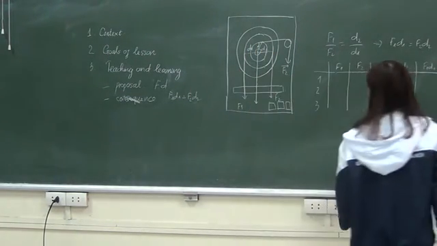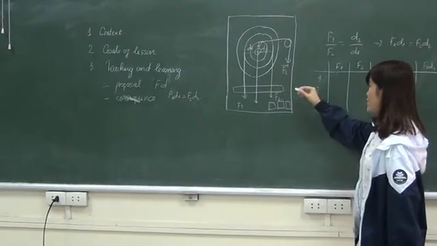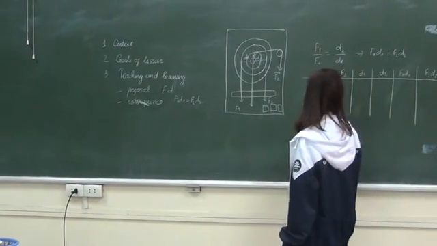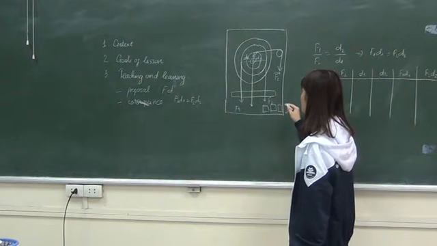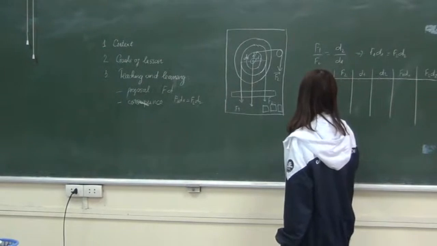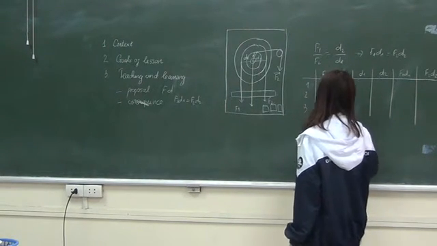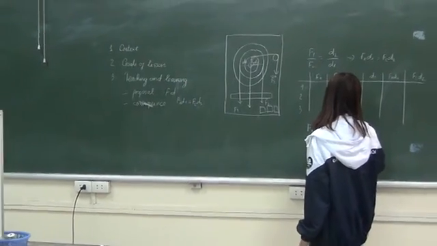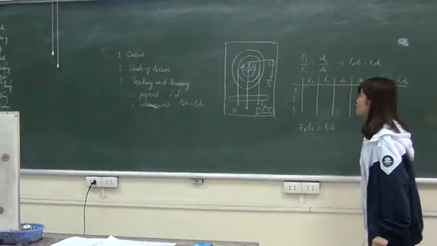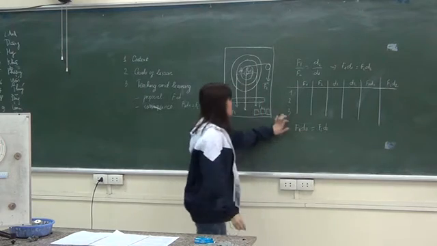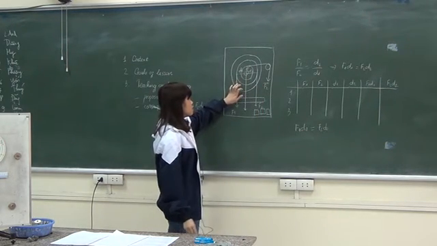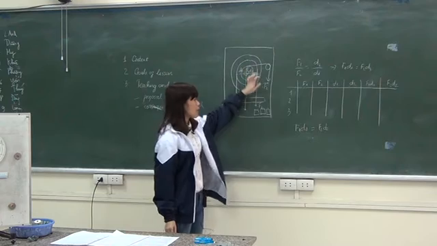And they do experiment, and we see that in the case of two concurrent forces, F1 D1 equals F2 D2. F1 D1 makes the disc rotate counterclockwise.